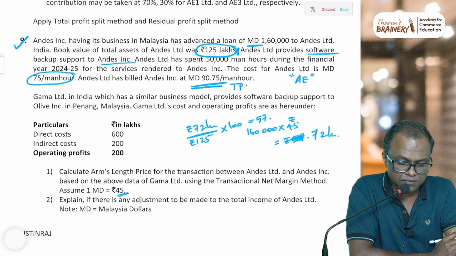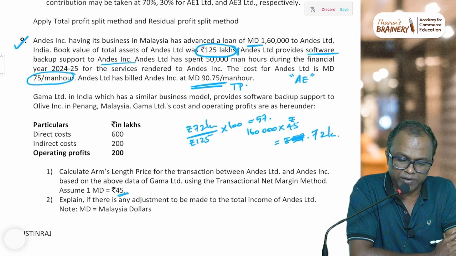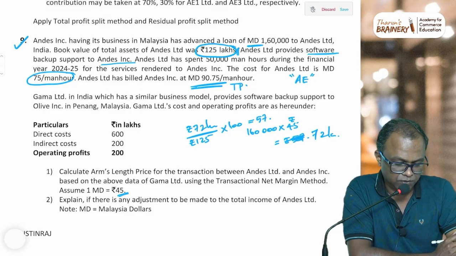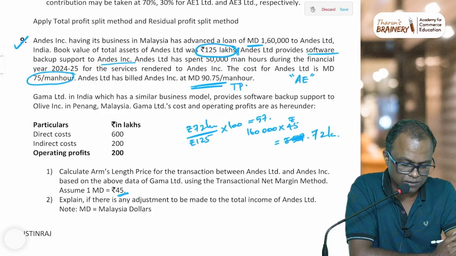Gamma Limited. Here comes the unrelated party. Gamma Limited in India, which has a similar business model, provides software backup support to Olive Incorporation in Penang, Malaysia. Gamma Limited's cost and operating profit are as hereunder. So direct cost 600, indirect cost 200, operating profit is 200.